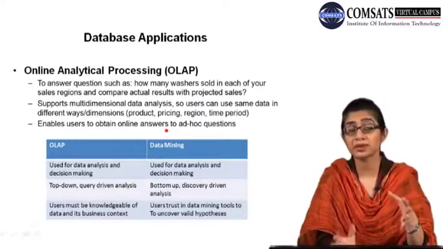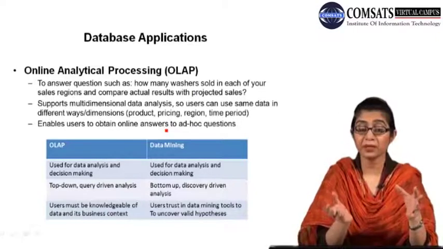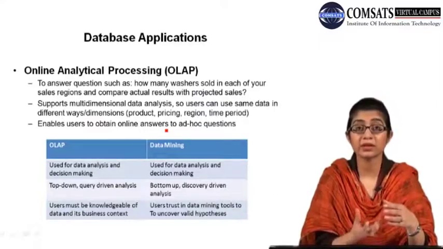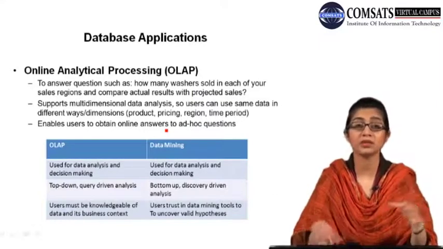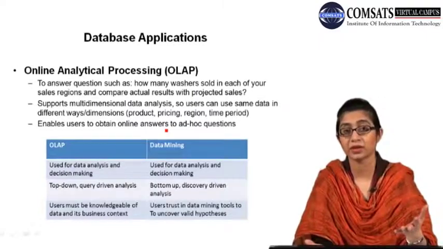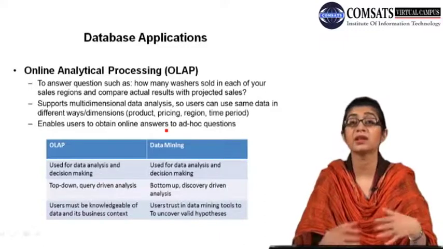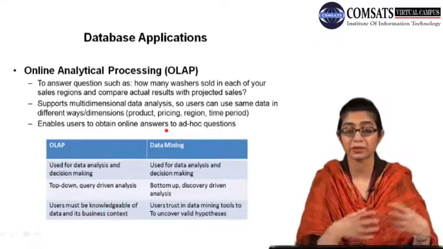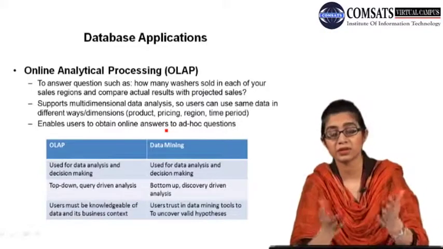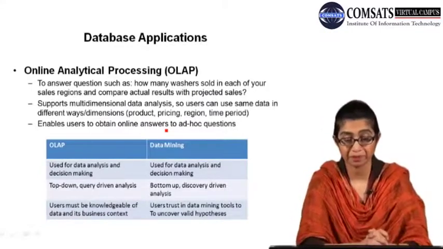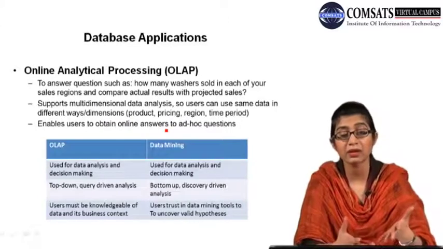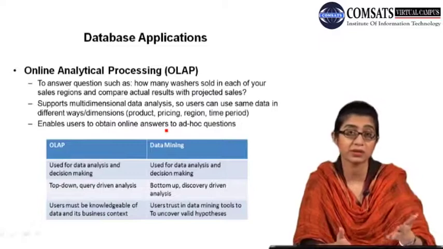So this OLAP tool जो है that is basically used to evaluate the data from different angles, and then it shows you different kinds of graphs and charts and different kinds of graphical user interfaces again to show the data कि आपका जो product है वो इस जगह पे इतना sale हुआ and does the comparative analysis as well. So basically it enables users to obtain online answers to ad hoc questions as well.